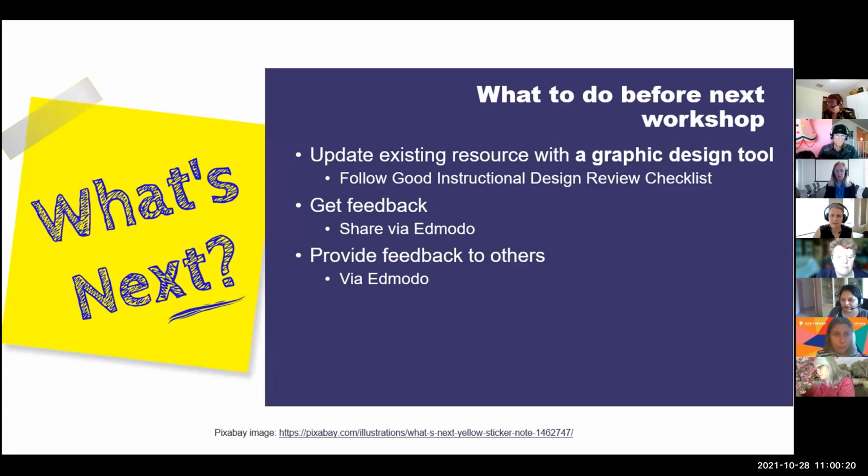Shruti's going to share with us the one that she's doing. Lottie's talked about Canva, how you can do different stuff. So choose one of them. If you're more familiar with Word and at this point in time don't have the time to be playing with new tools, then maybe play with those styles, or in PowerPoint play with some of those designs. So how might you enhance that, all in line, as Michael said, with the good instructional design review checklist, and come and share with us in Canva.